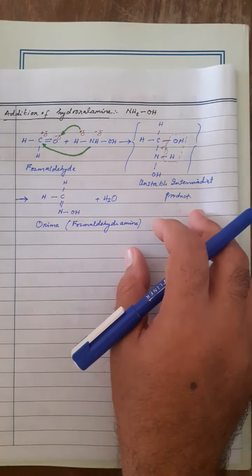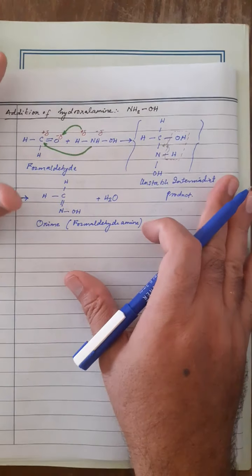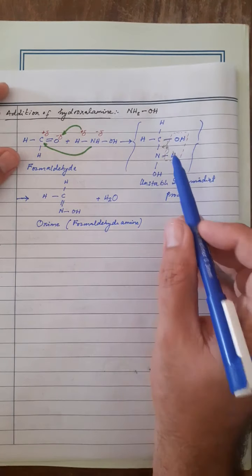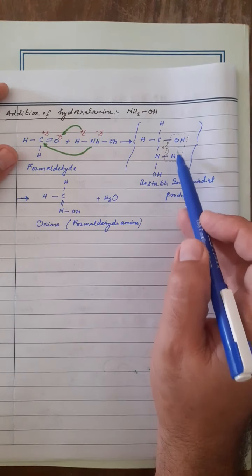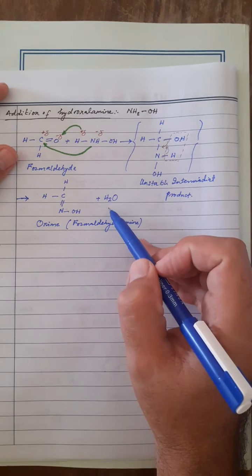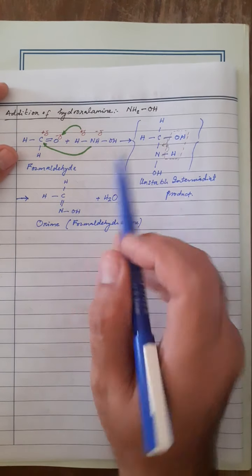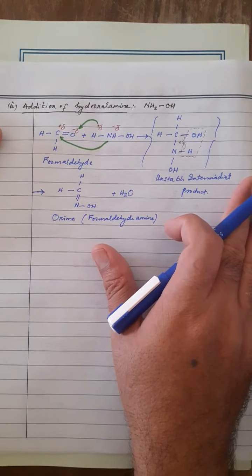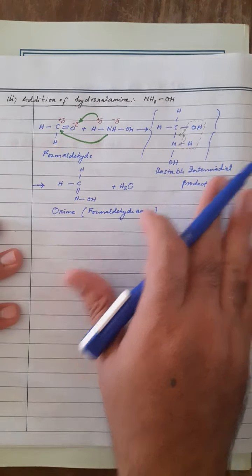As you increase the carbon, the reaction doesn't change. The reaction remains the same. The water is eliminated, they bond together, and this is the product, and the oxime is the final product of the addition of hydroxylamine to formaldehyde.